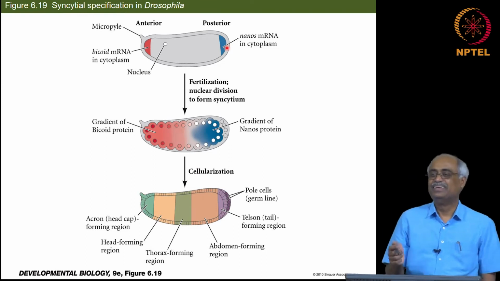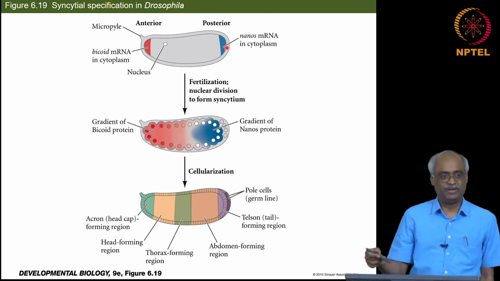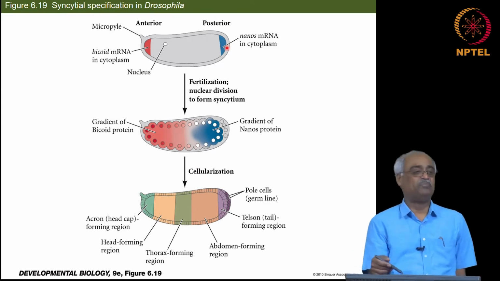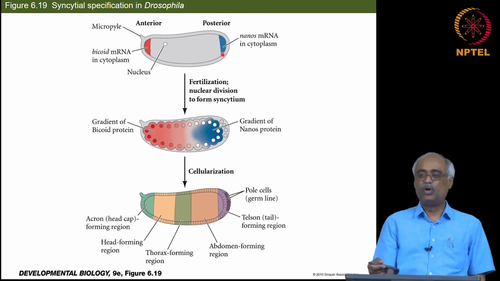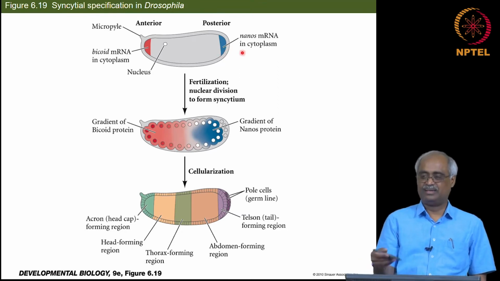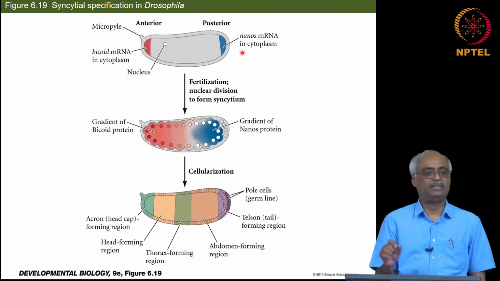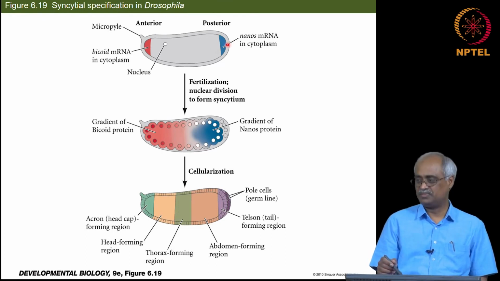Oskar. Okay. So Oskar protein is by then produced, and that Oskar protein can bind and hold nanos mRNA there. Not only that, Oskar can dislodge some of the translation inhibitors and allow nanos translation in the posterior.